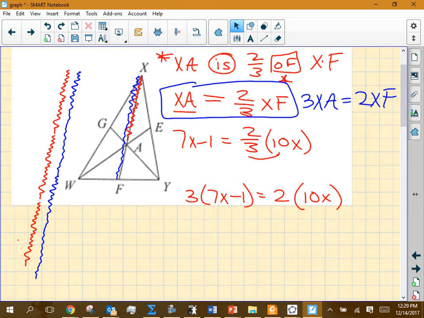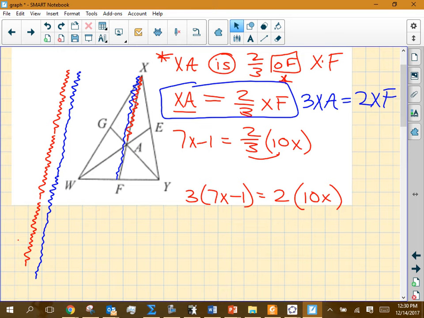Does that kind of make sense? Okay. So when you multiply both sides by 3, you're now saying, okay, now we're going to look at those two segments individually, but multiples of those two segments individually, to see how many of one is going to equate to how many of the other. Okay.